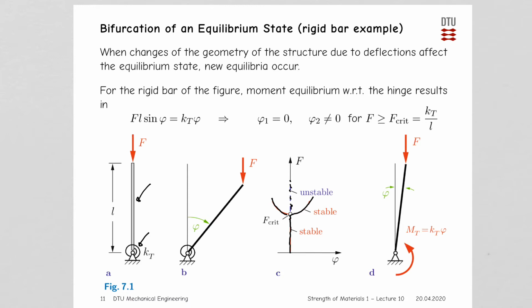And in the case where we do not have a perfectly straight rod, then the unstable solution will not be able to exist. So depending, of course, on the nature of the imperfection, that will also decide if the rod will buckle out to one side or the other side. That is, if we get this branch of the solution or that branch of the solution. That's all depending on the imperfection in our system.